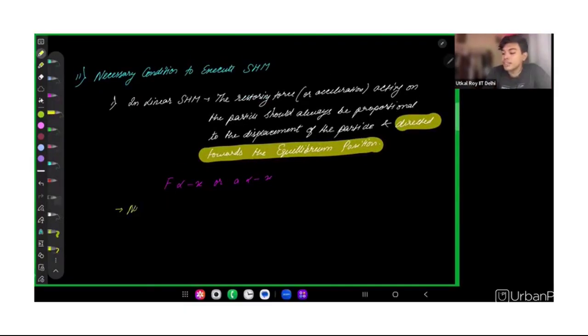Let me also note it down. The negative sign shows the direction of force, force or acceleration, anything.